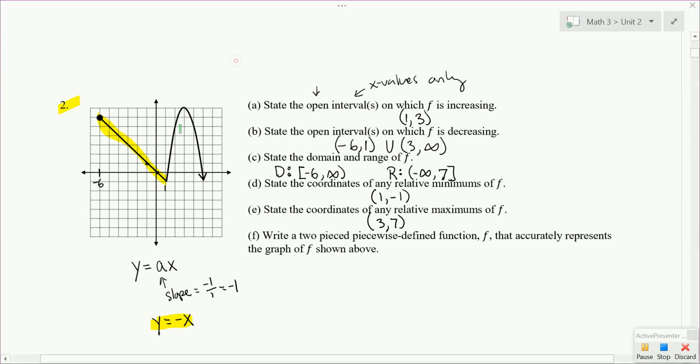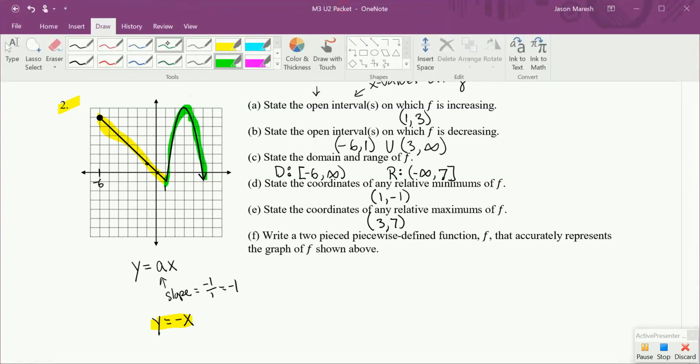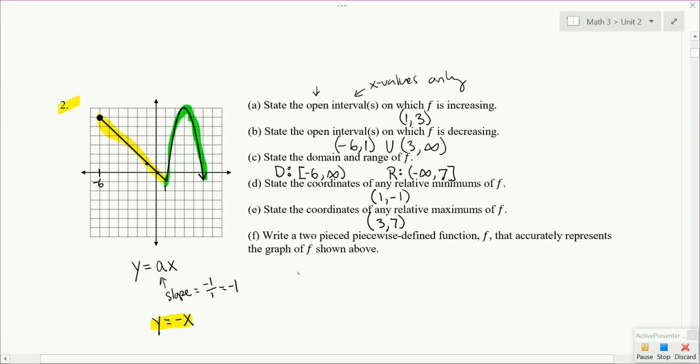The parabola comes from a quadratic equation in the form y equals ax squared. That would be the parent graph. That's when the vertex is at 0, 0, but the vertex has been translated to the right 1, 2, 3, and up 7.